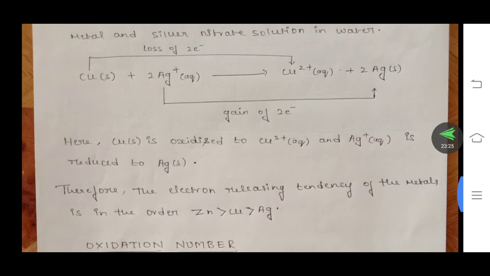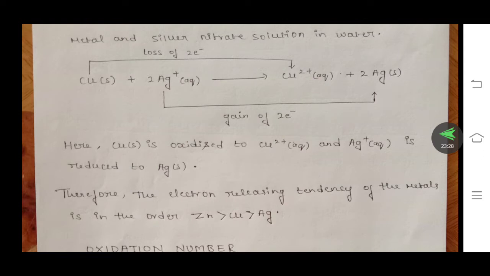So this is an example of a displacement reaction. Whichever element is more reactive displaces the less reactive element. Zinc is more reactive, so zinc can replace copper. Copper is more reactive compared to silver, so copper can displace silver.